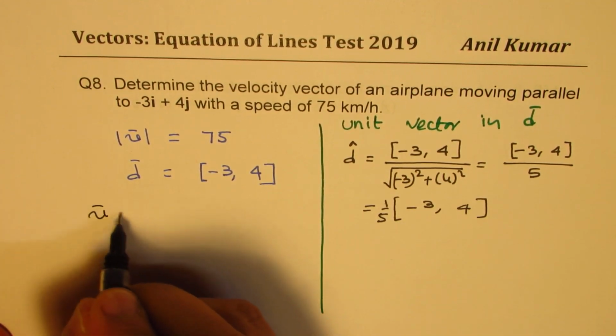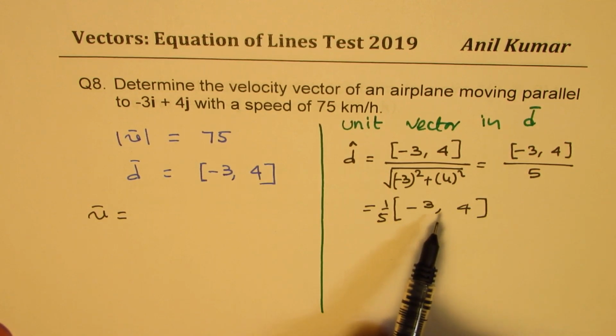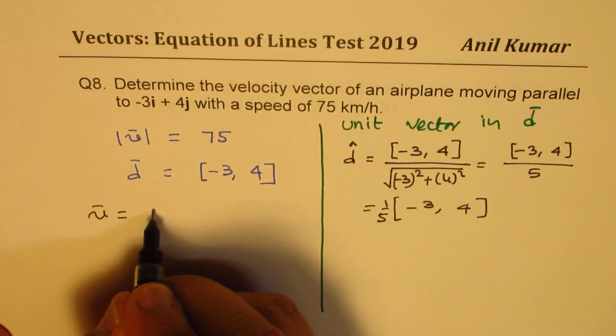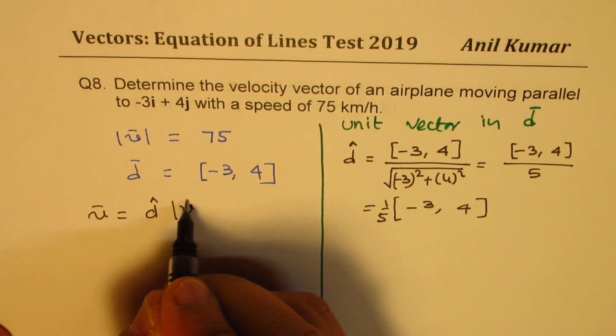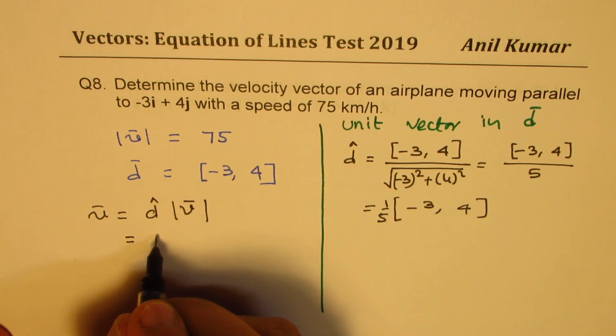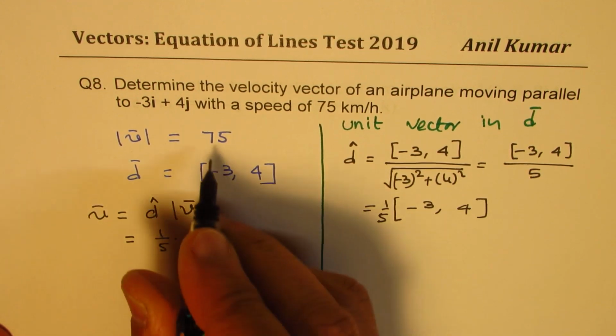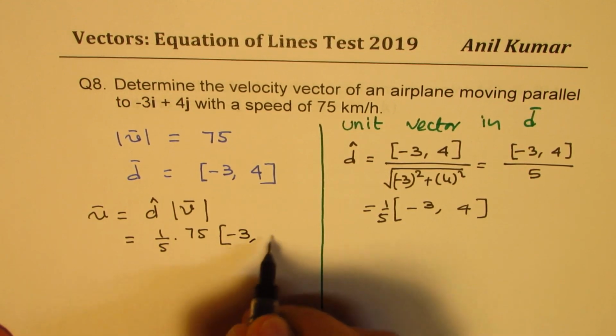So the velocity vector for us, we want magnitude of 75. This is the unit vector, right? So that is going to be the unit vector times the magnitude, which is equal to 1/5 of 75 times the direction minus 3, 4, right?